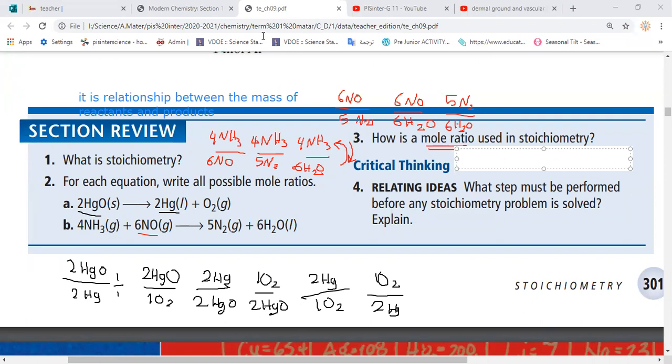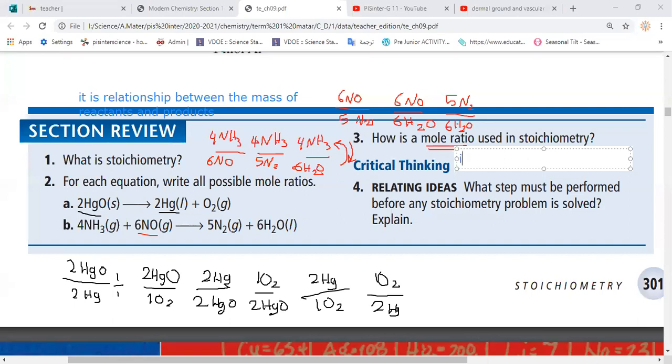Okay, who's next? You raised your hand before Knuz, so could you tell me your answer to number 3, please? It's used as a conversion factor that relates the amounts in moles of any two substances involved in a chemical reaction. It's used to convert one substance in terms of another substance.